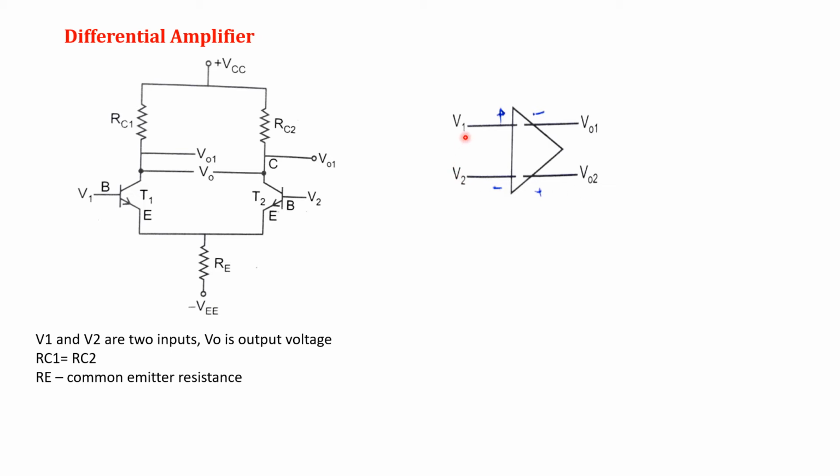When V1 is greater than V2, then the output voltage polarities are shown like here. But if V1 is less than V2, then what happens? The output voltage gets inverted and shows opposite polarities.